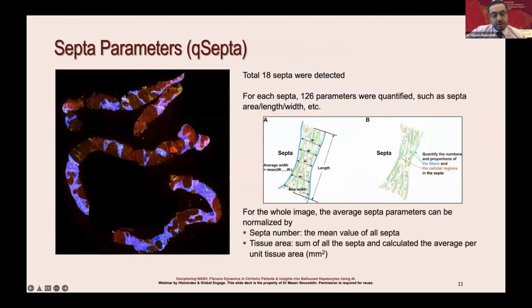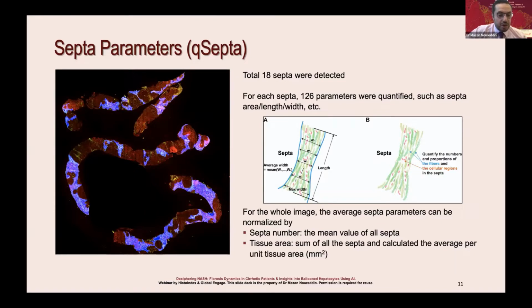Moving on, we started looking beyond that and looking at the architecture. And this is here when we focus on the septa, the length, the width, and many other parameters. And there were 18 parameters, and we looked at the septa number, the mean value in a certain area of the tissue, and we averaged that in that certain area of the tissue, which is very important.